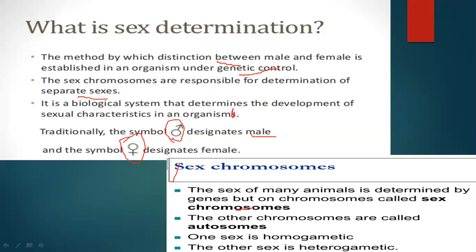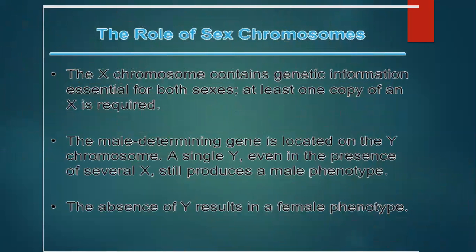Those are called sex chromosomes. Except the sex chromosomes, there are other chromosomes also. Those are called autosomes. One sex is homogametic and the other one is heterogametic. What is homogametic and heterogametic? We will see after some time.